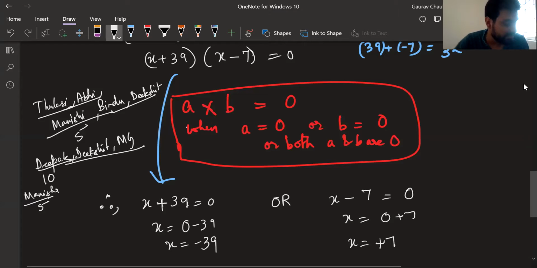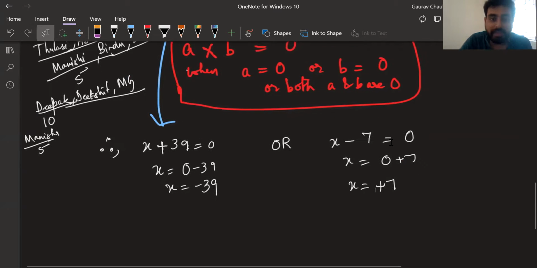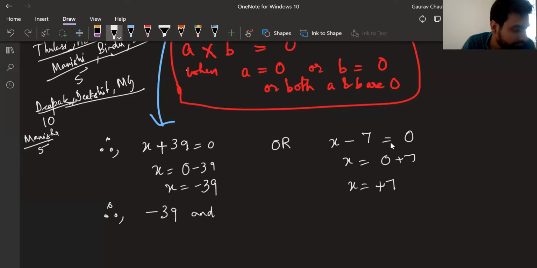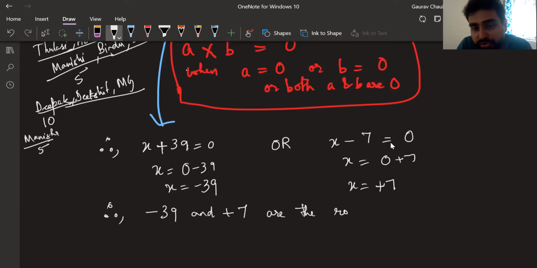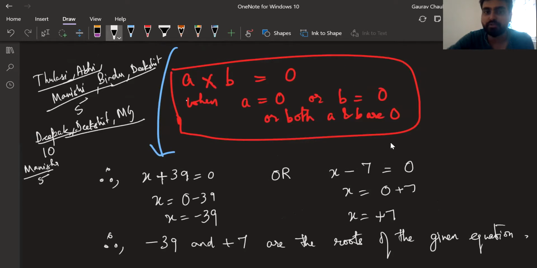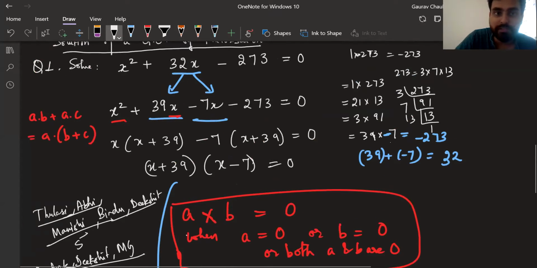So basically, these two, therefore we say minus 39 and plus 7 are the roots of the given quadratic equation. How am I saying this? Because it is basically the solution for this statement to be true.